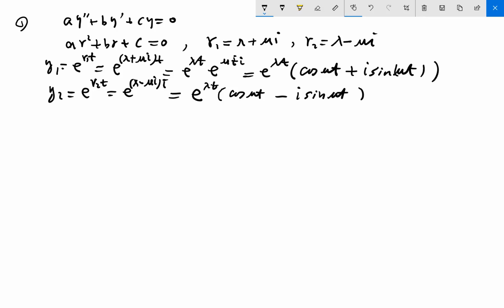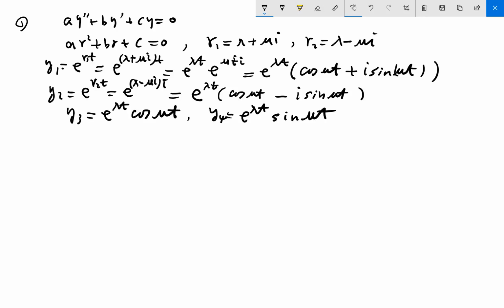So again, you have two complex solutions. If you want real solutions, you do similar things. You can find y3 equal to e to the lambda t cosine mu t, and y4 is e to the lambda t sine mu t.